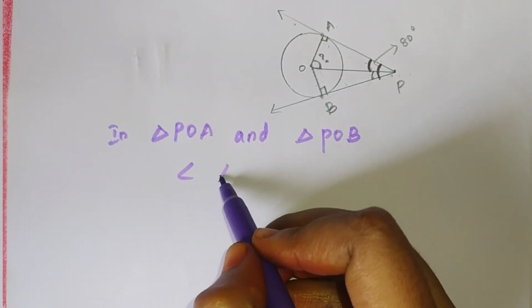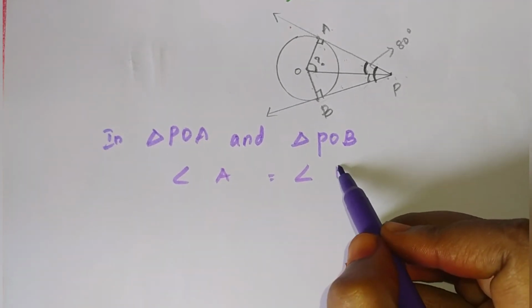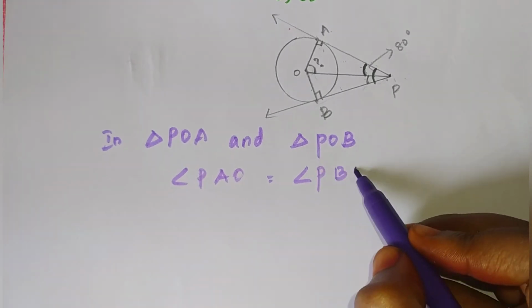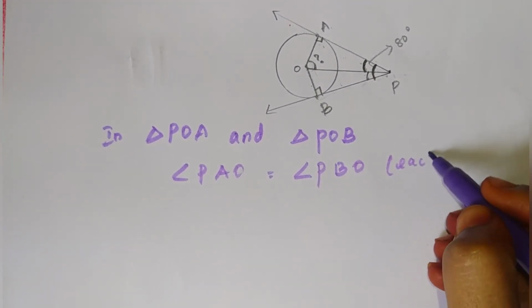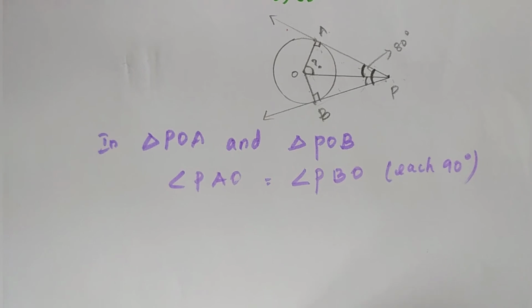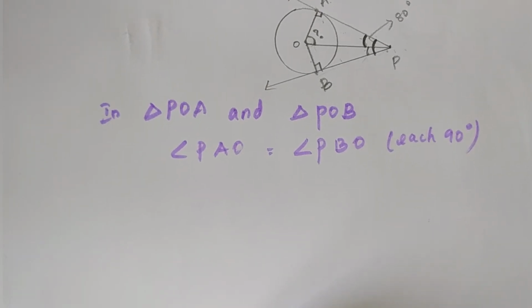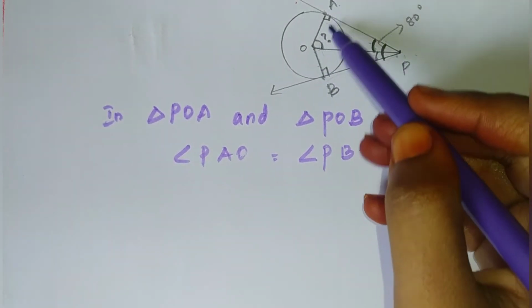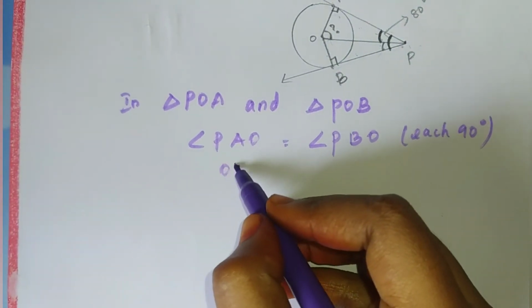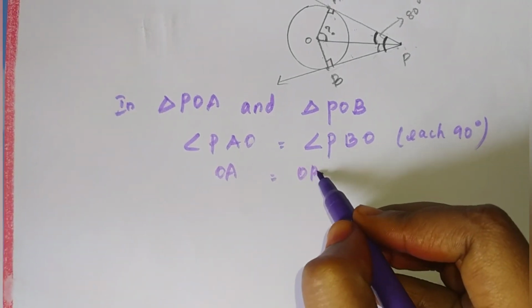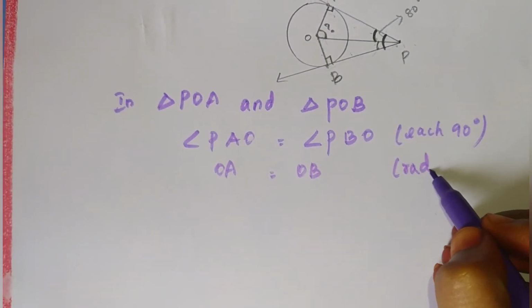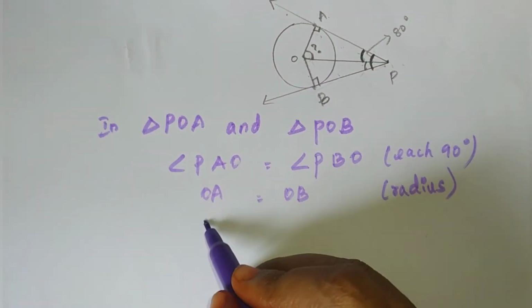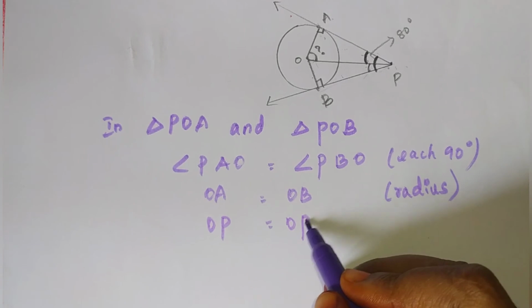Angle A is equal to angle B, each 90 degrees, and OA and OB are equal because they are radii, and OP is equal to OP, that is common.